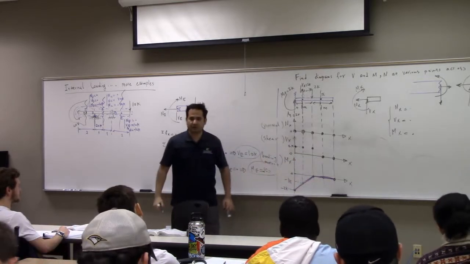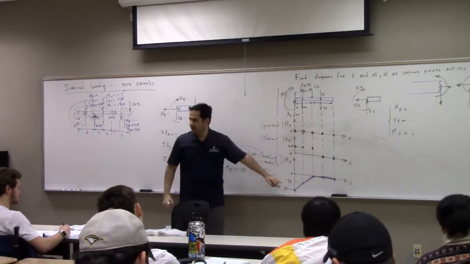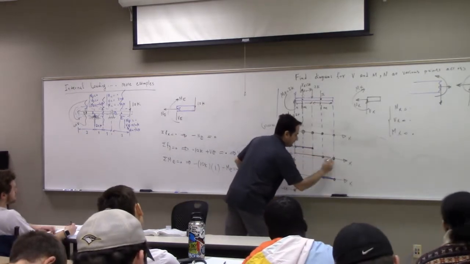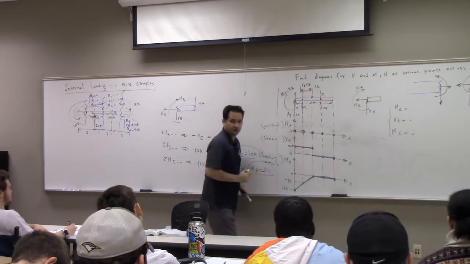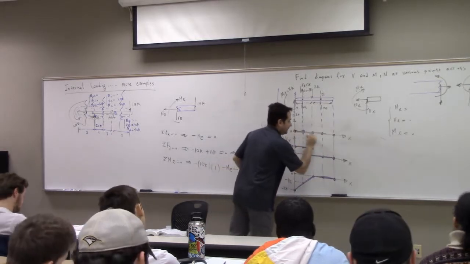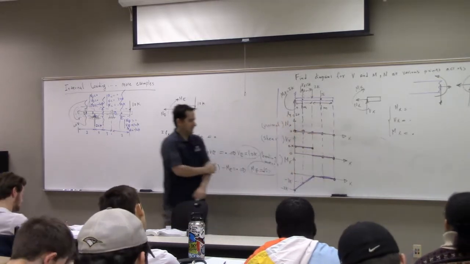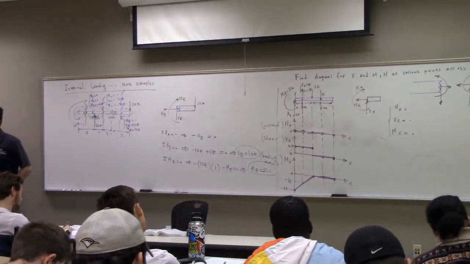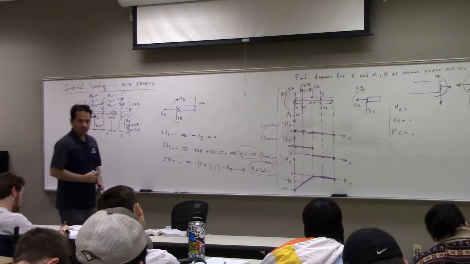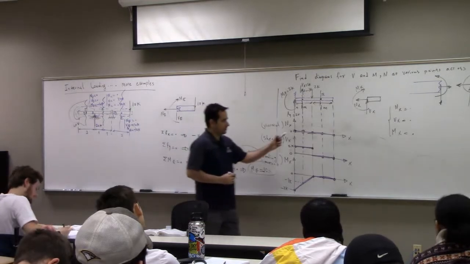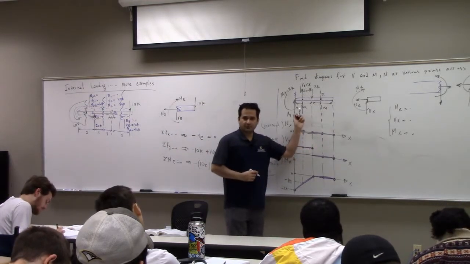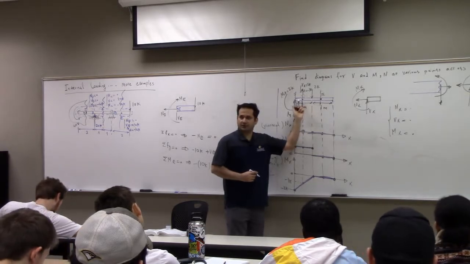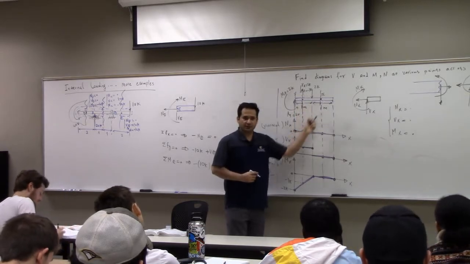This is the diagram for bending moment, this is the diagram for the shear, and this is the diagram for axial load. You see that? Just by manually finding loads at various locations, you can draw the diagram.